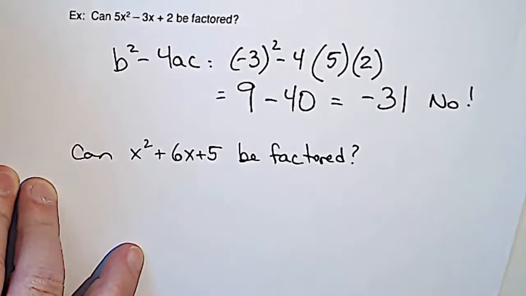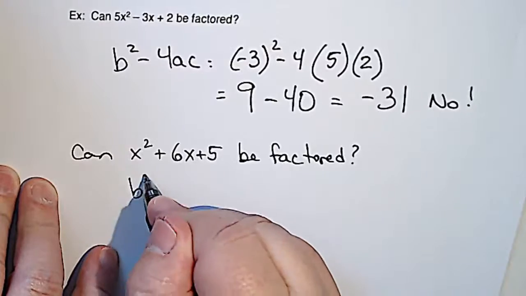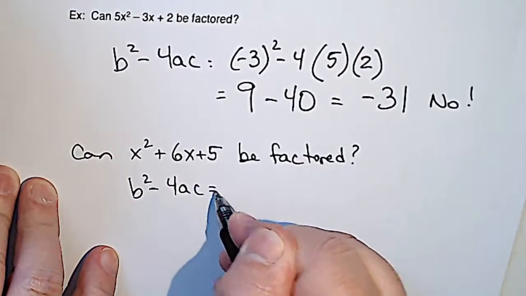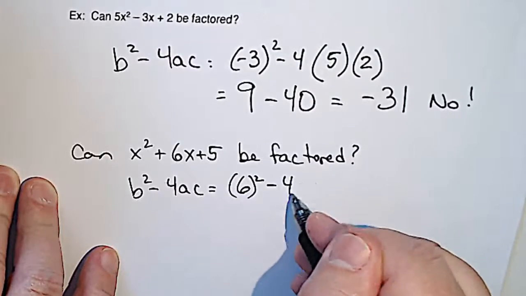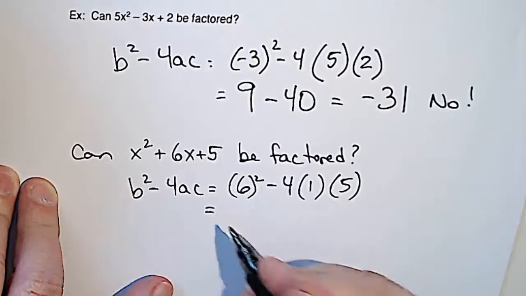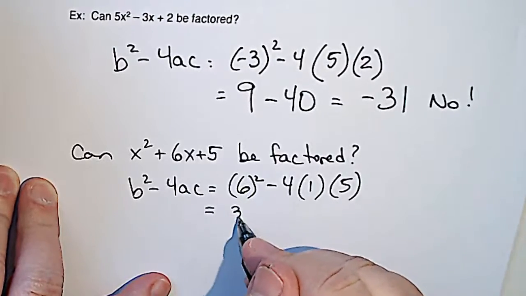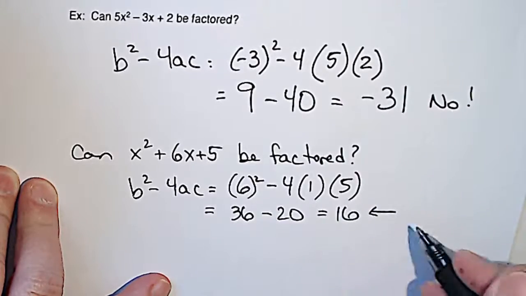And the answer is it totally can, right? Let's look at b squared minus 4ac. B squared is 6 squared minus 4 times a, which is 1, times c, which is 5. So that 6 squared is 36 minus 20. That's 16. Perfect square.